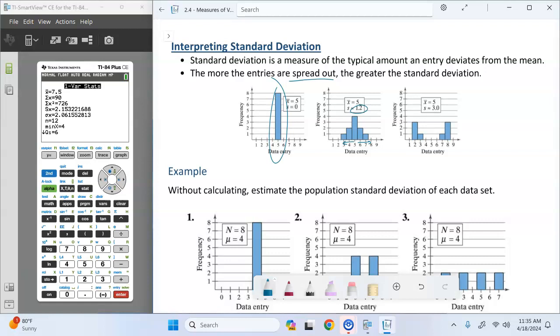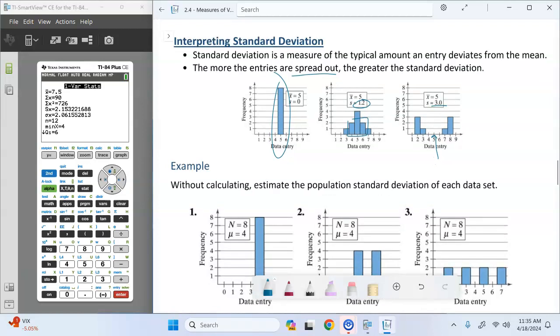Most of my data points are within 1.2 from the mean. 1.2 is right about there. So most of my data set's still close to my mean. As I increase my standard deviation to 3, my data points get more spread out, even to the point where now none of my data points are actually my mean value. They've spread out so far that my standard deviation is now 3.